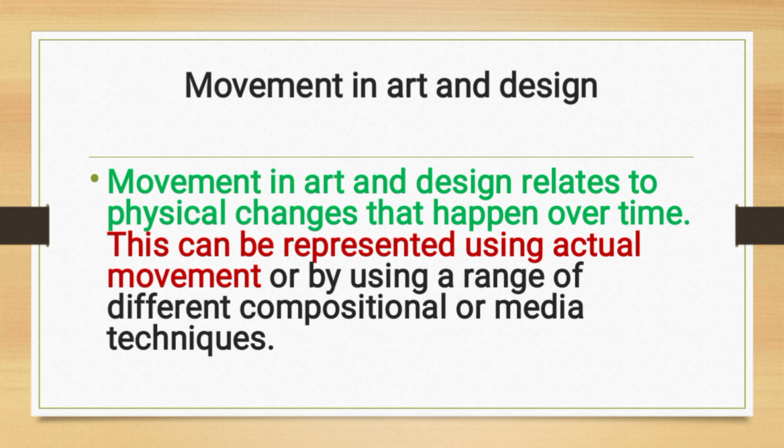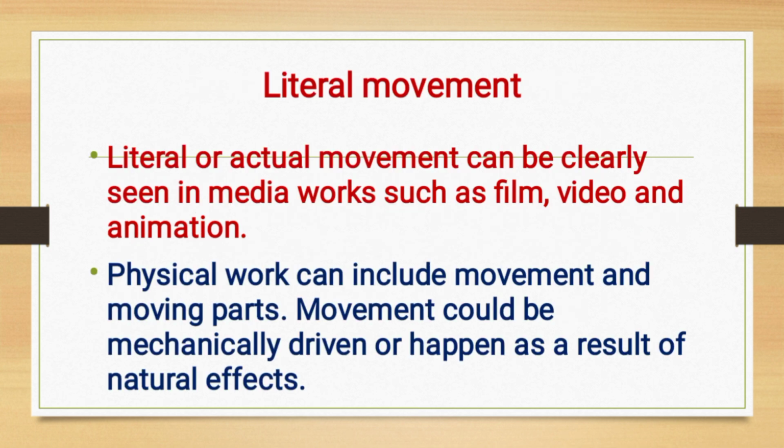I don't want to overemphasize this, but let's check other areas. We have what is called literal movement. Literal or actual movement can be clearly seen in media works such as film, video, and animation.